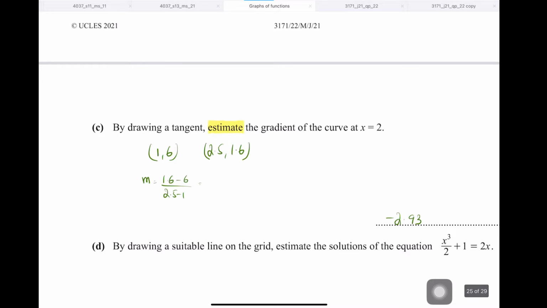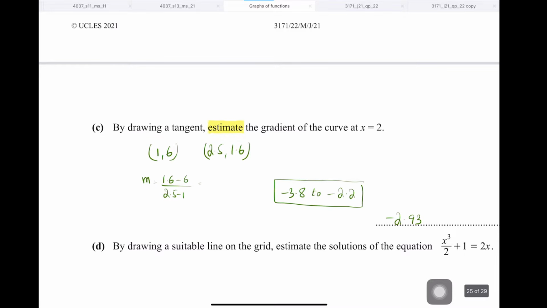Here's the acceptable range. It's minus 3.8 to minus 2.2. Anything between minus 3.8 and minus 2.2 is acceptable.